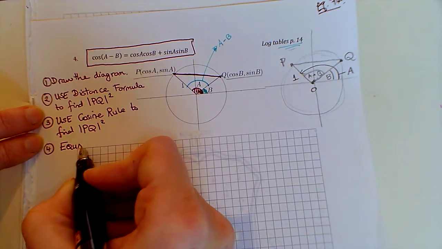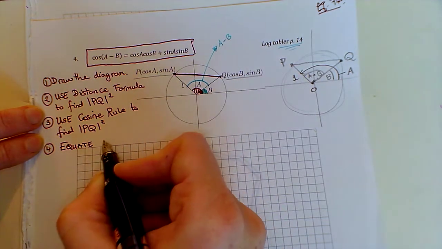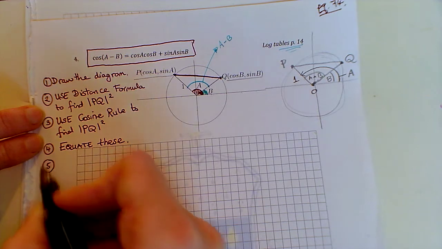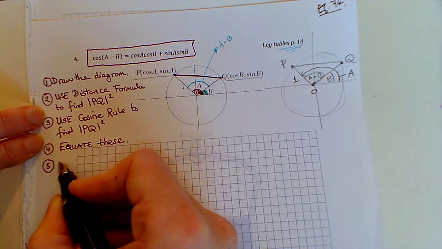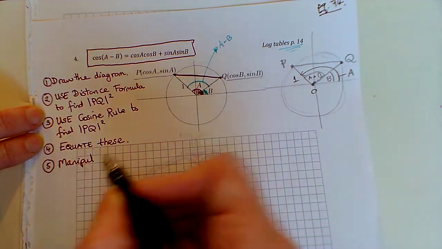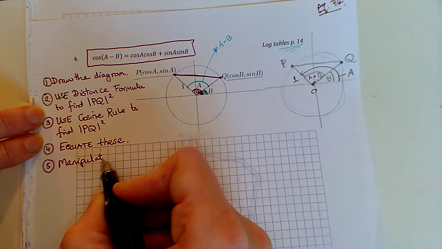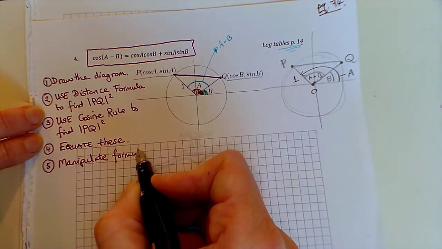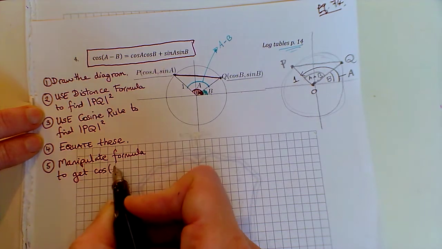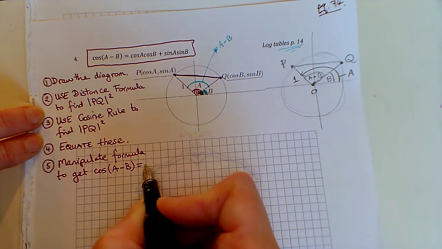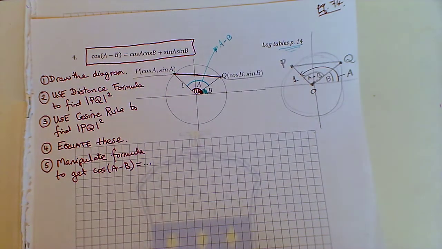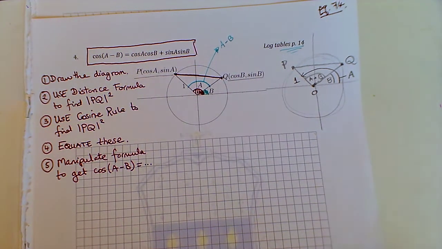We equate these answers, and then we manipulate our formula, which just means moving things side to side, multiplying out brackets, etc. Manipulate your formula to get cosine of A minus B on one side equal to a whole bunch of stuff on the other side. So those are the 5 steps in this proof. Now let's go through it.